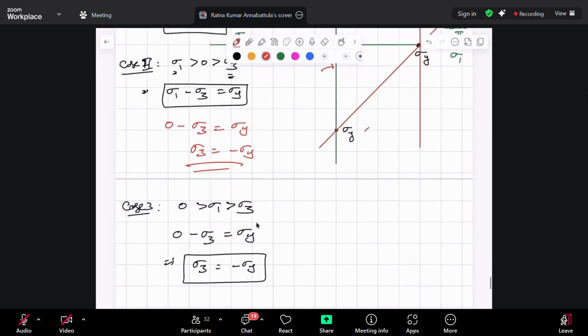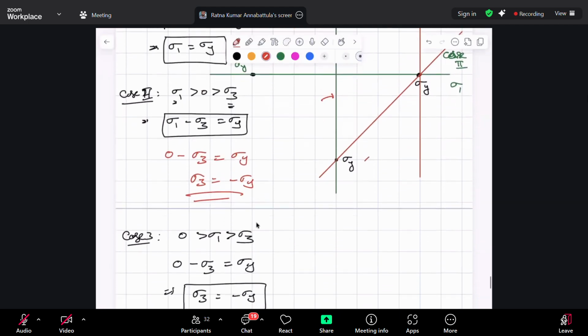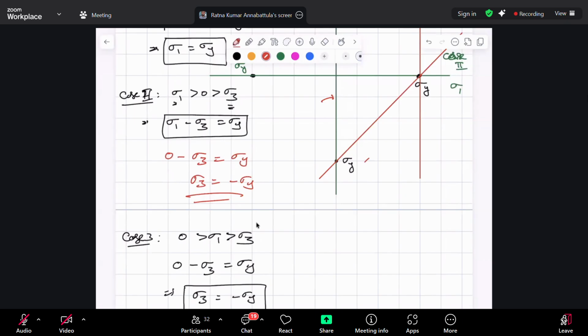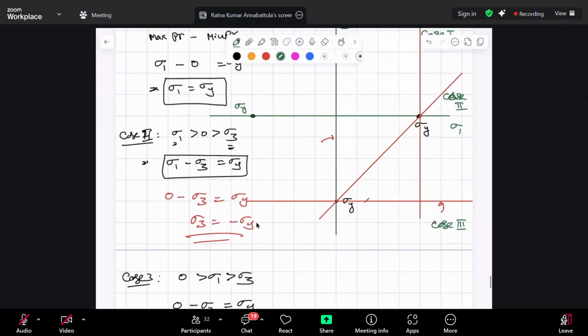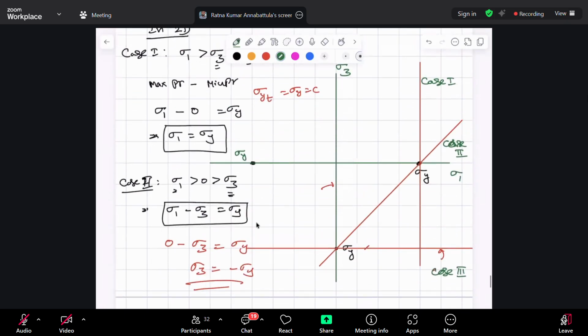So then sigma 3 is equal to minus sigma y. How does the line look? Sigma 3 is equal to minus sigma y. So the line should look like that, that is my line, right? This is equal to sigma 3. That is case 3. So the bounding area of all three of them is where?